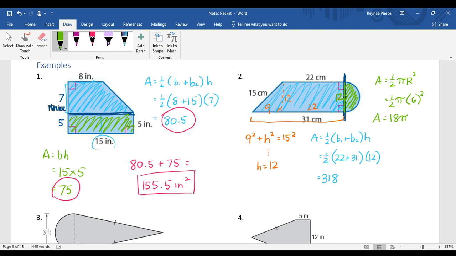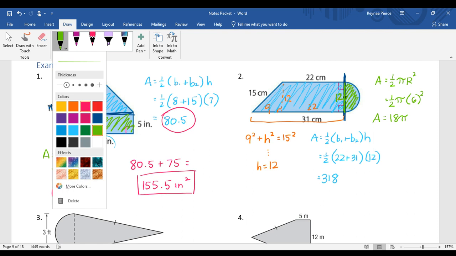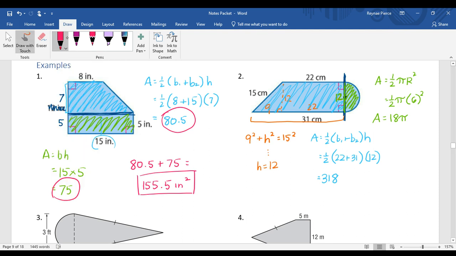So the area of that semicircle is 18 pi. If you are asked for an exact answer, we have to leave these separately because of the pi. So the exact answer would be this many square centimeters.